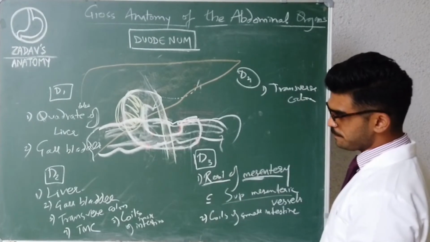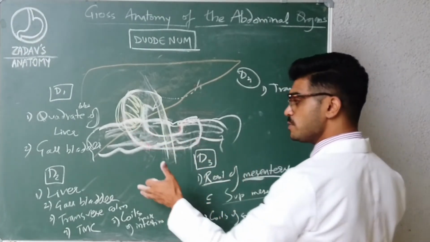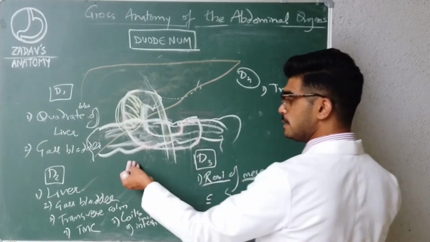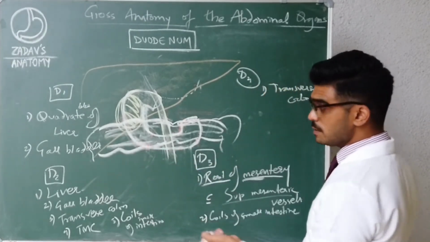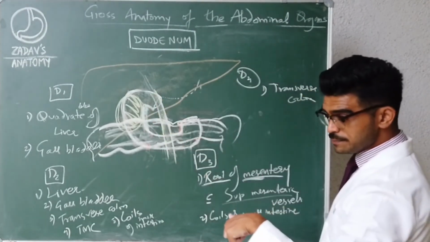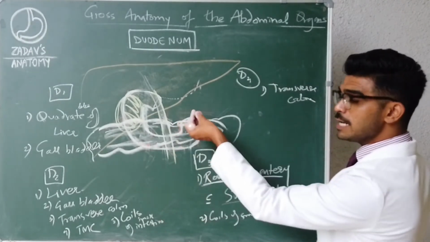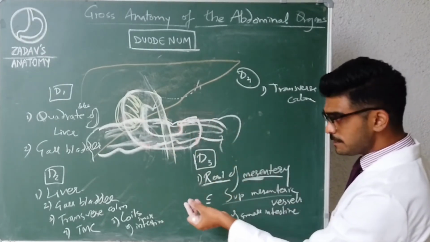The posterior relations of the third part of the duodenum are, as we traverse from the right to the left side, the right psoas major, the right gonadal vessels, the right ureter, then of course the inferior vena cava itself, the abdominal aorta.